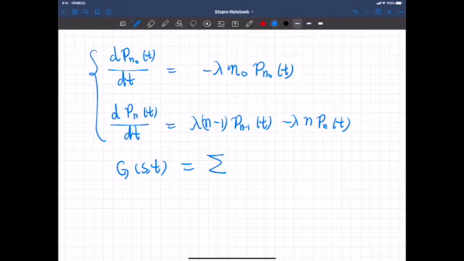That is, as usual, probability mass function times some dummy variable s to the power of n. But in this case, this n varies from n0 to infinity because n0 is the minimum value in this problem.